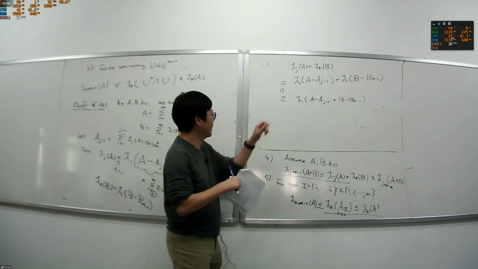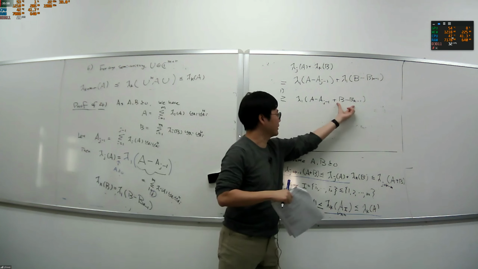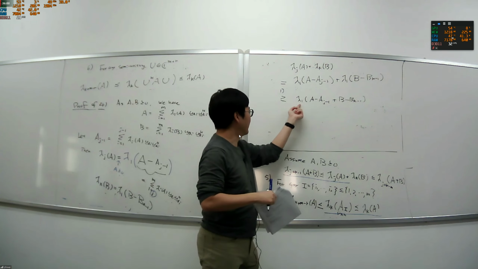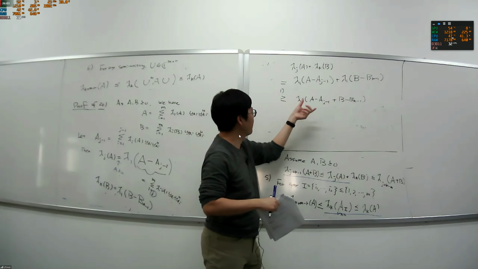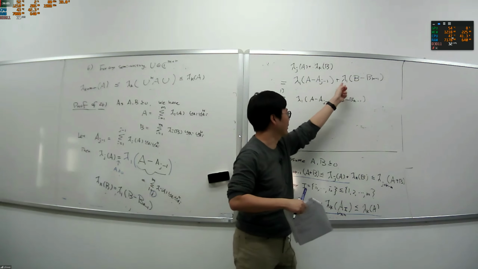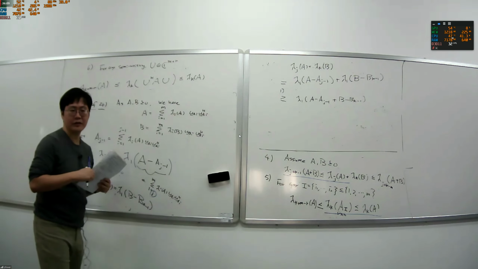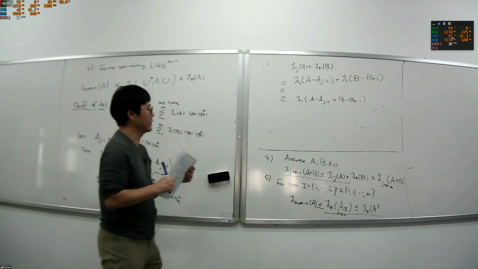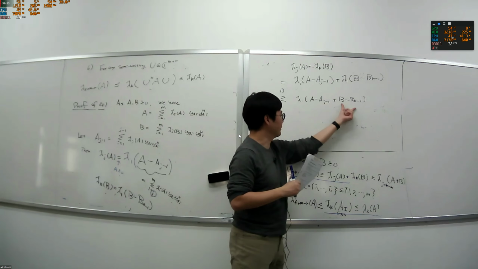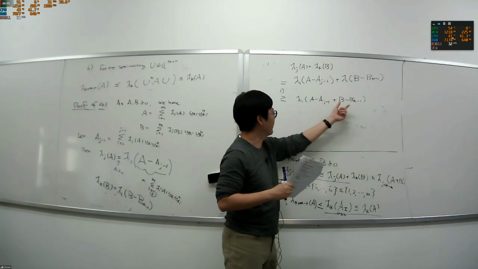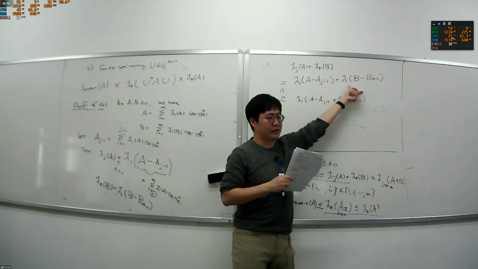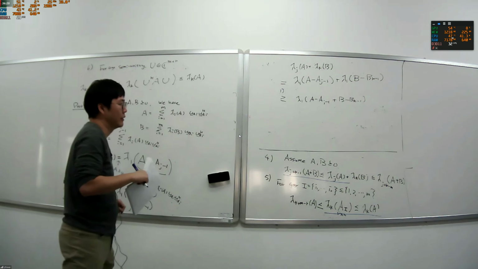Or you can say this matrix plus this matrix has its largest eigenvalue upper bounded by the sum of the largest eigenvalue of this one and the largest eigenvalue of this one. That's the Weyl inequality, right? We use the upper bound.